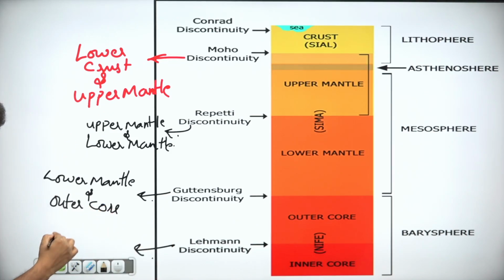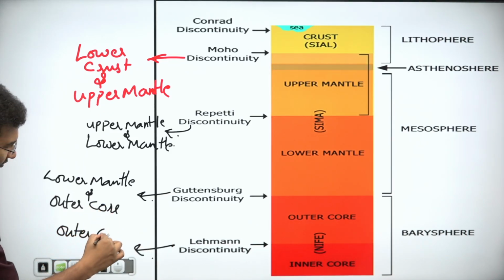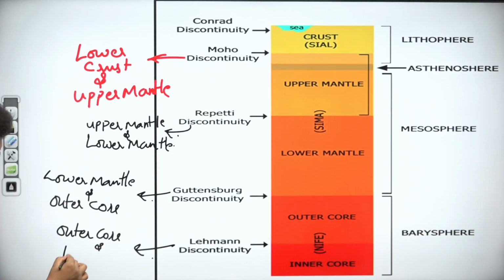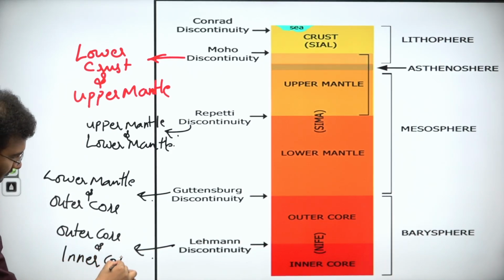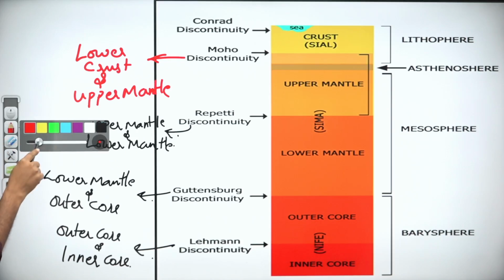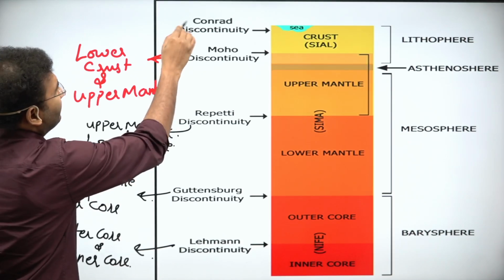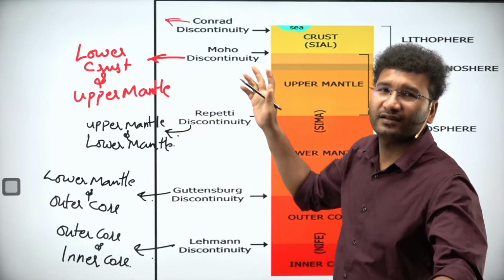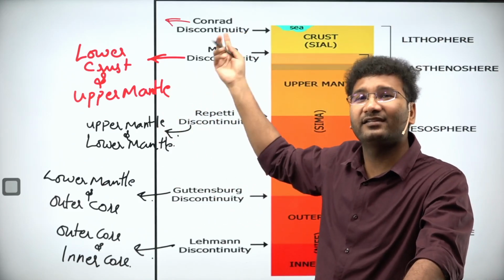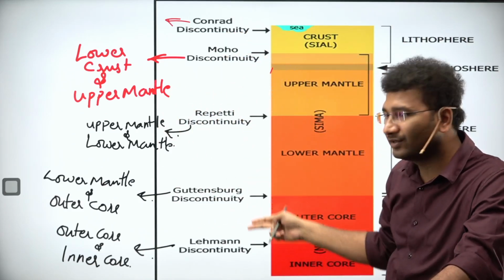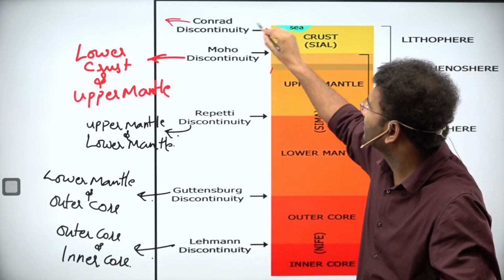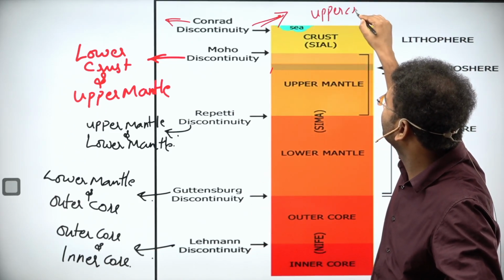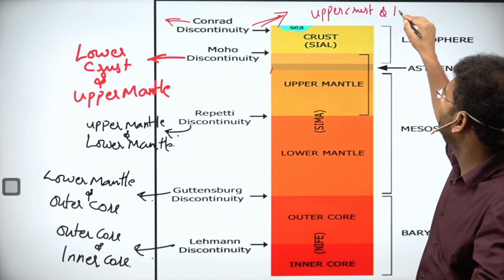Lehman's discontinuity is between outer core and inner core. And also the last, Conrad's discontinuity, between the upper crust and lower crust, was identified at the end. Actually these other discontinuities were identified first, and lastly Conrad's.